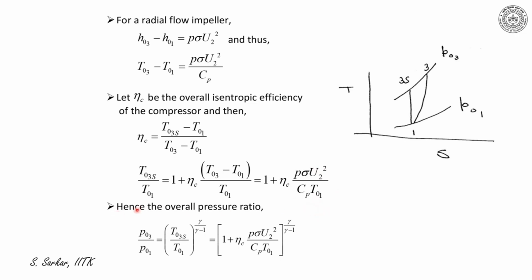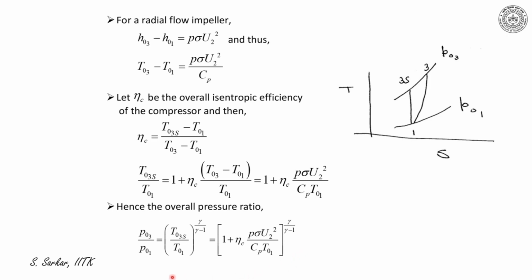Therefore, the overall pressure ratio can be related to this isentropic temperature ratio as P03 by P01 is equal to T03S by T01 to the power gamma by gamma minus 1 is equal to, within the bracket, 1 plus eta C into P sigma U2 square divided by Cp into T01, to the power gamma by gamma minus 1.